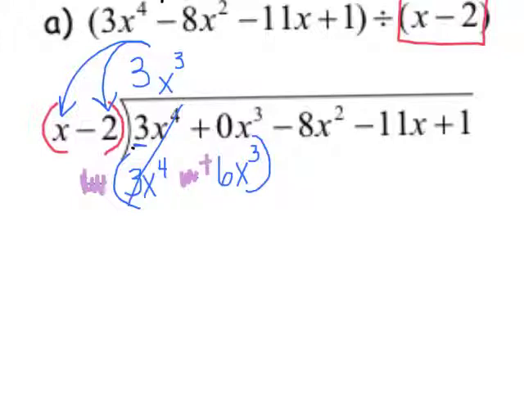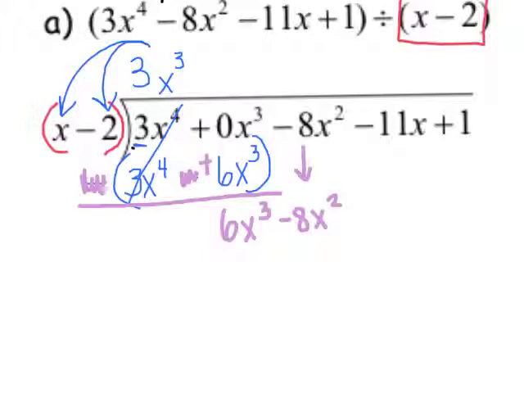Or I kind of just point to it and do that. Whatever method you think you're going to remember to do. I'll kind of switch back and forth. So 0x cubed plus 6x cubed makes 6x cubed. Okay? You need to bring down minus 8x squared. You're not going to be done until there's nothing left to bring down.